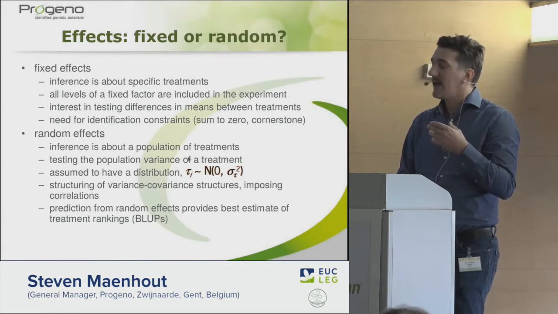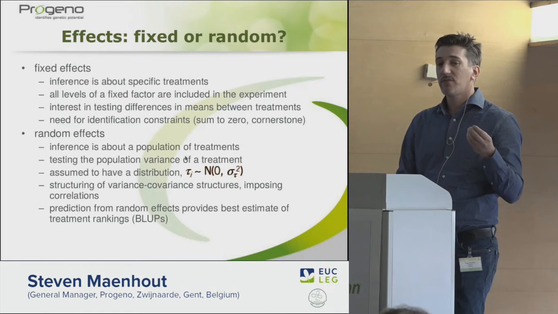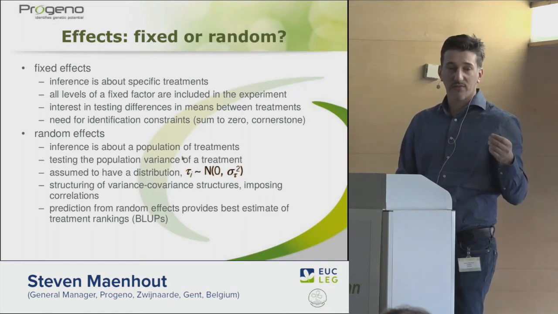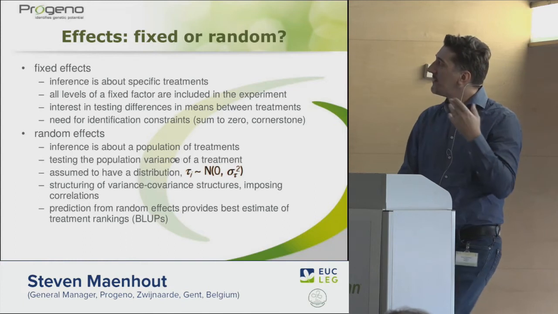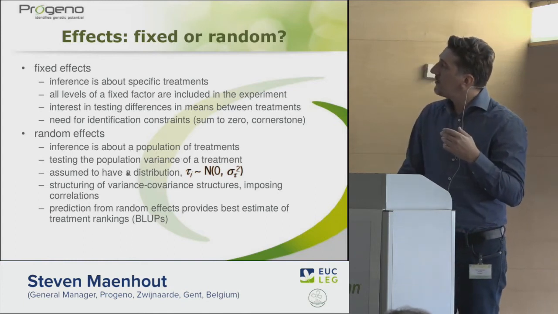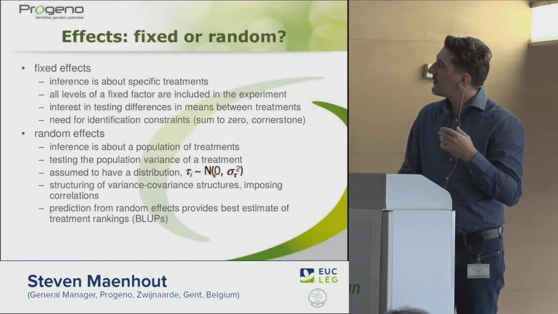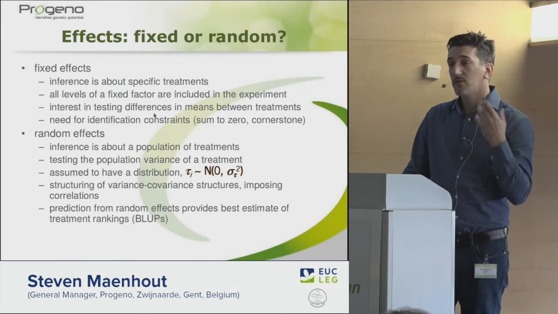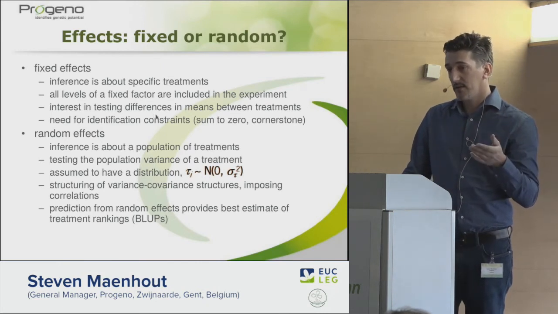So you're not really interested in 4 nitrogen levels. You're interested in the population, all the possible nitrogen levels. So that's a very theoretic assumption, but the key difference is you're going to assume that there is a certain distribution to these effects, while here you don't assume any distribution. That's the big difference.